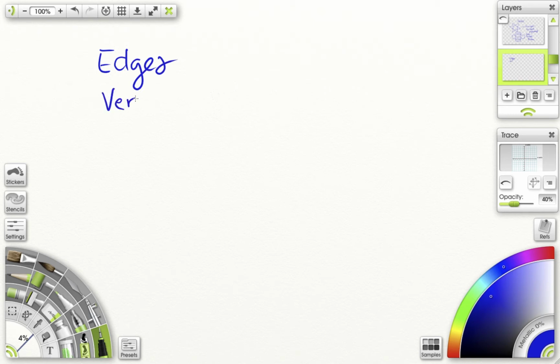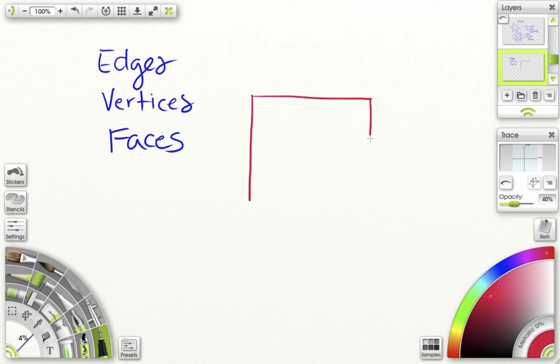So I'm going to try my best to explain this. It's much easier if I had a 3D shape and actually could show you, but I'm going to try my best with my limited drawing skills. So I'm going to show you with a cube because this is the easiest shape to use at the moment.